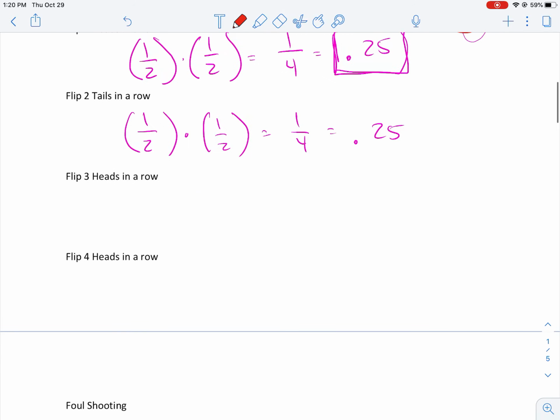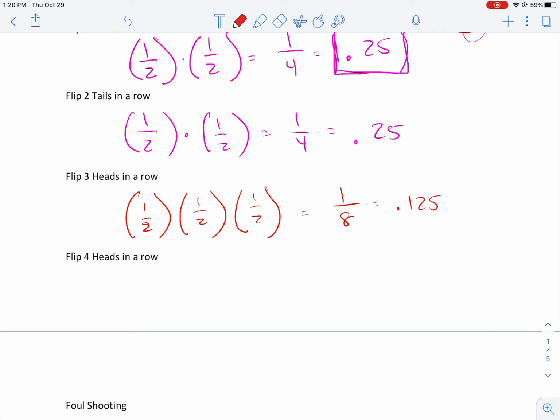Let's look at 3 heads in a row. Following that same process, I go 1/2 times 1/2 times 1/2. So I get 1/8, which is equal to, I don't know off the top of my head, 0.125.